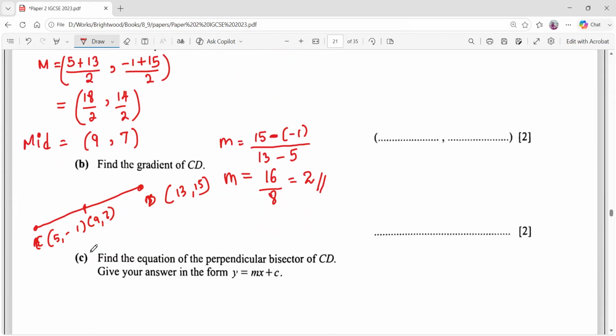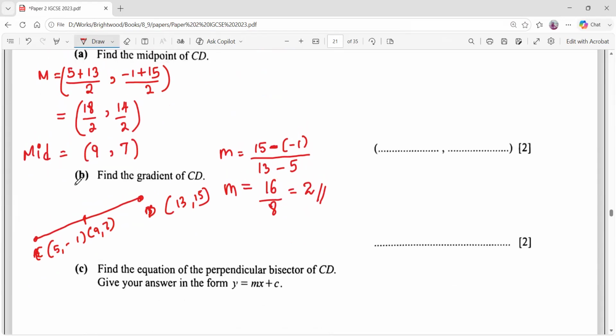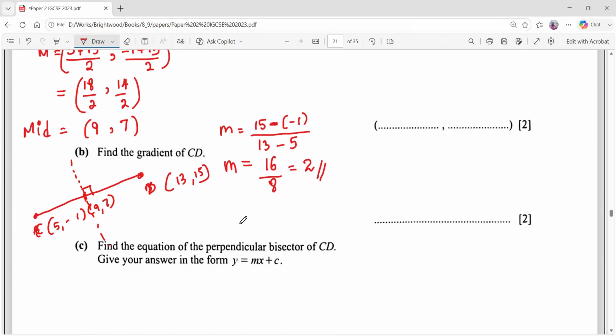Now the perpendicular bisector should be going through the midpoint and it should be at 90 degrees to the line.